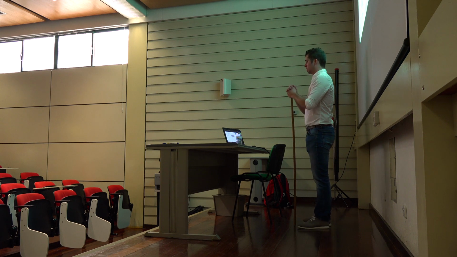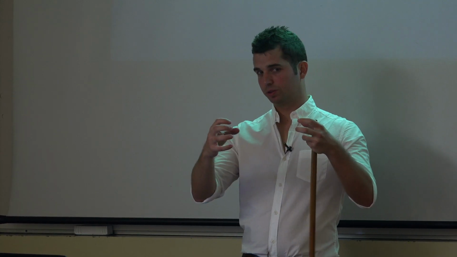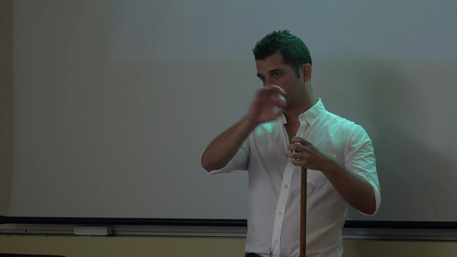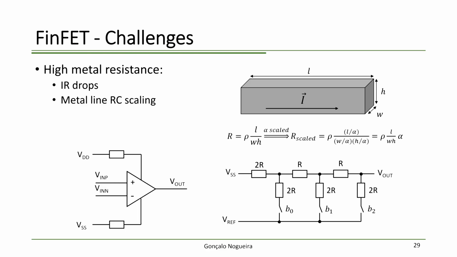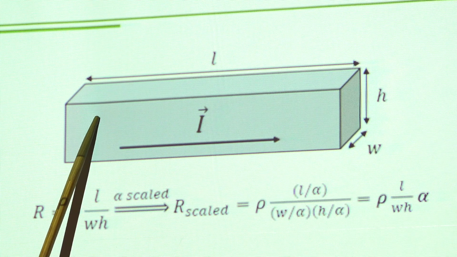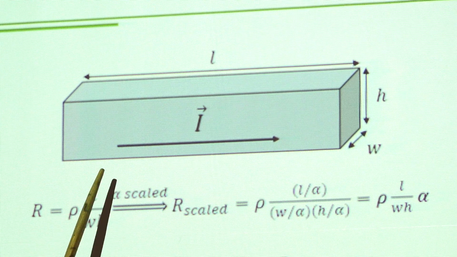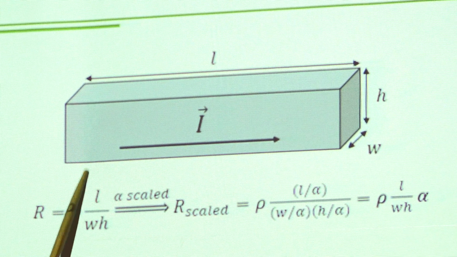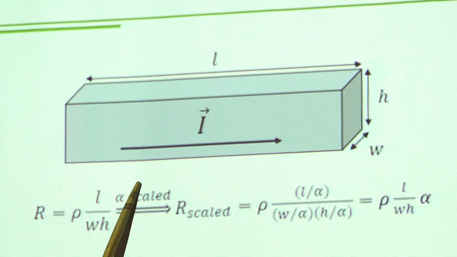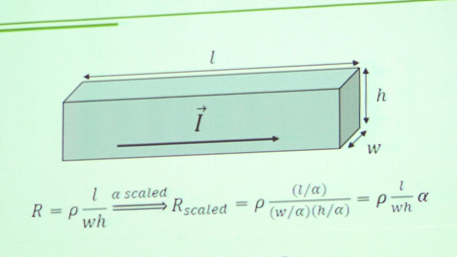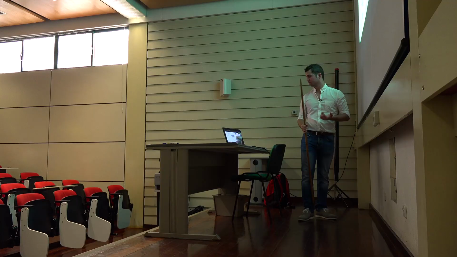Also, when connecting two transistors, like I told you, you have a metal line, and this metal line can be seen as an RC structure. So you've got here a resistor. You can imagine the model of this metal line as a resistor, then a capacitance, then a resistor, and a capacitance. And this is what is usually called metal line RC.